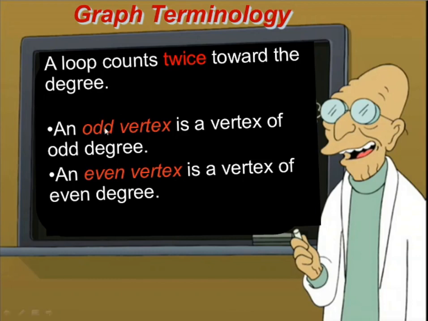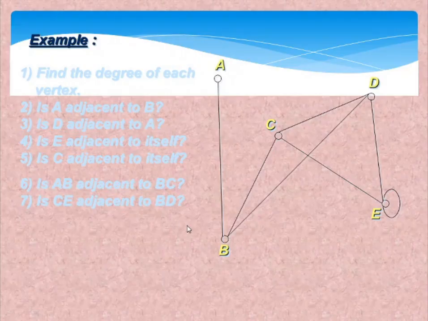Fine. Again, an odd vertex is a vertex of odd degree. If the vertex has odd degree, it is called an odd vertex, simple way. And a vertex with even degree is called an even vertex, right?